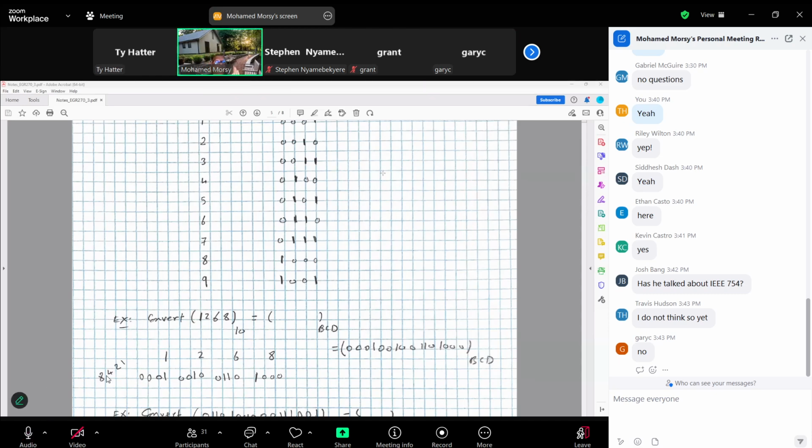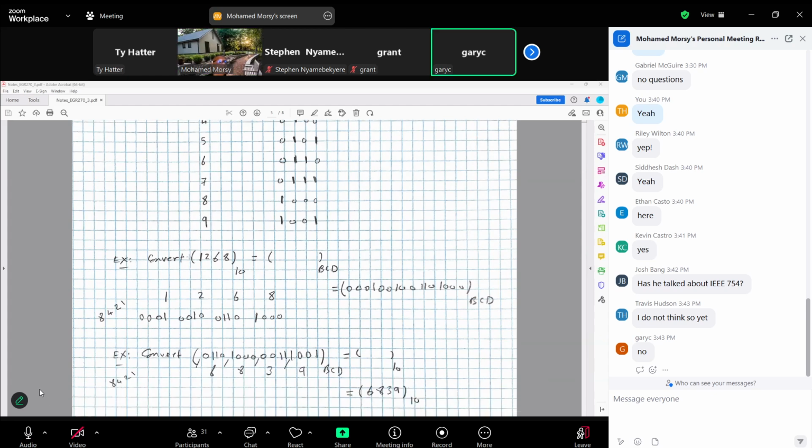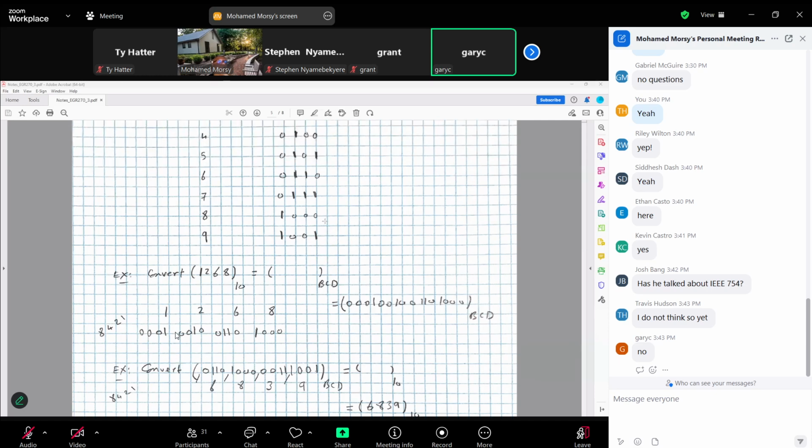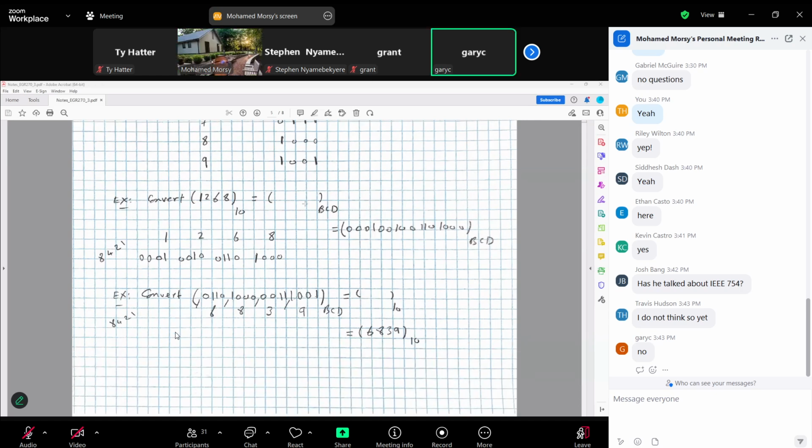Oh, no, this is different. If you convert 1268 to binary, it will be different. But in BCD code, this is what you got. So this is a specific binary format. Yes, it's called the BCD code. Thank you, sir. You're welcome.